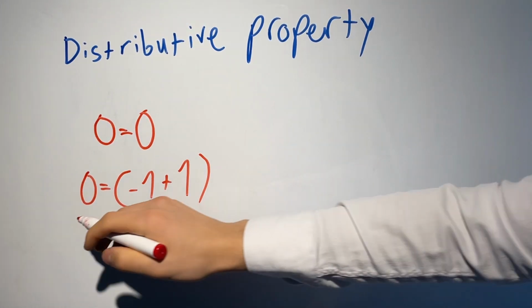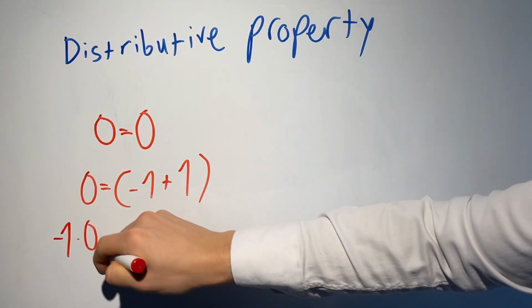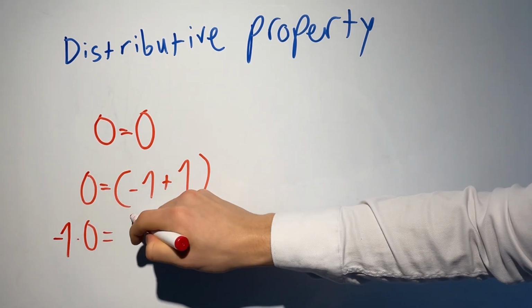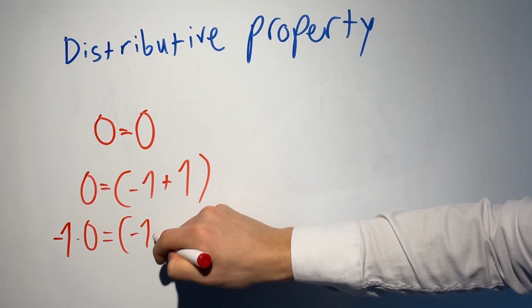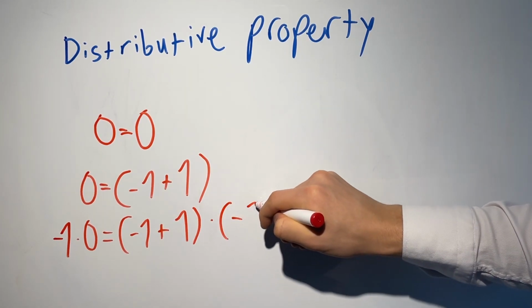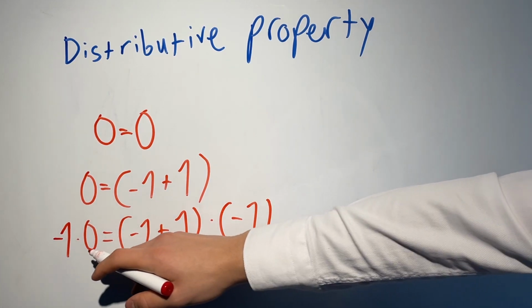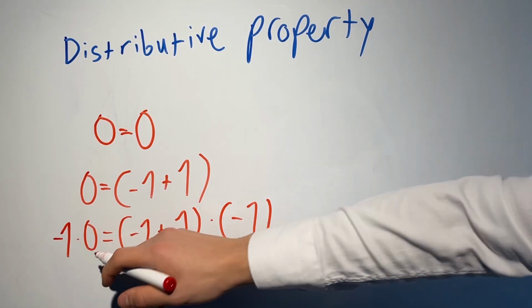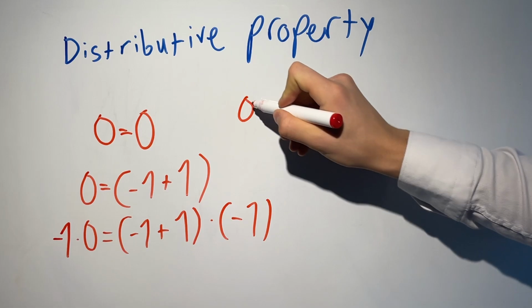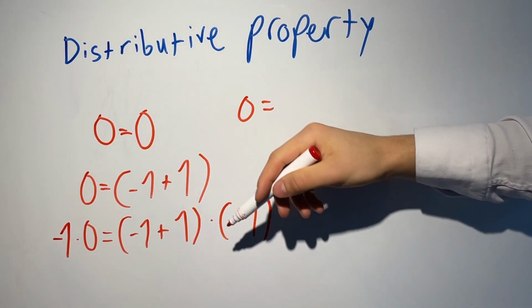Because now when we are going to times both sides by negative 1, we can keep the brackets and just put negative 1 here. And if we keep going, we know that anything times 0 is just 0. And on the right side, we have basic algebra.